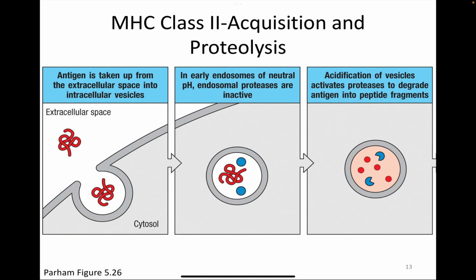So here we can see, oh my gosh, acquisition. We've done endocytosis or phagocytosis. And then we didn't really have to do anything to tag this antigen. It's in the secretory pathway. And just by moving through the secretory pathway, it is going to get proteolyzed.